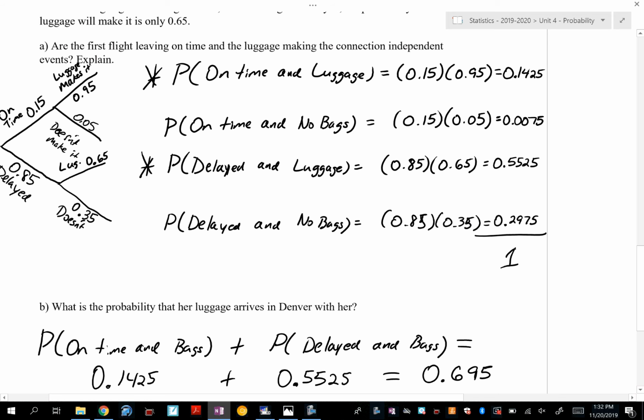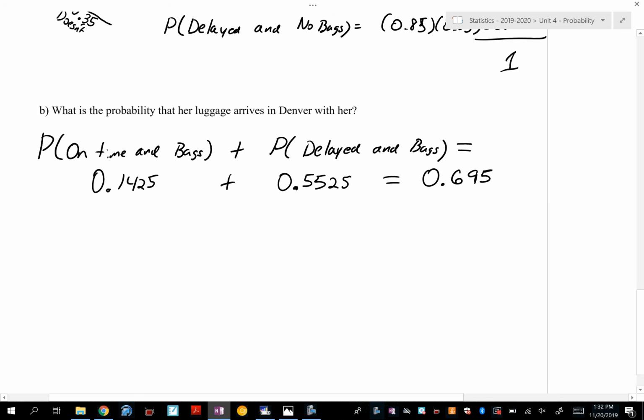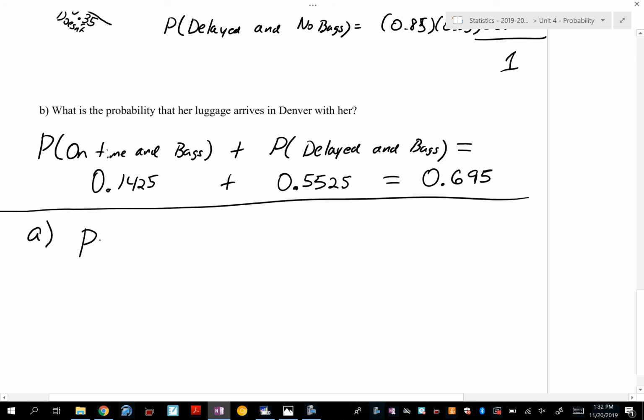So the way I do this mathematically, for part A, is I'm going to pick one of these events: the probability that her first flight is on time. And this is actually given in the problem.